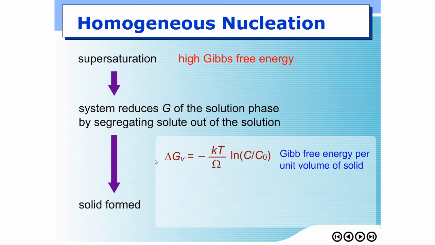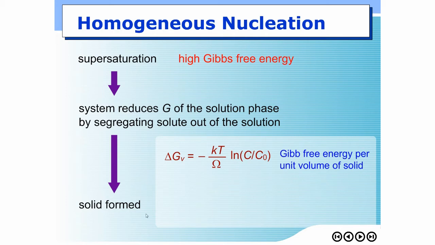This reduction in Gibbs free energy can be calculated or can be represented by delta G. Alright? I use V here as a subscript. The V here stands for volume. Because the reduction of Gibbs free energy, this is calculated based on unit volume of the solid that is formed.